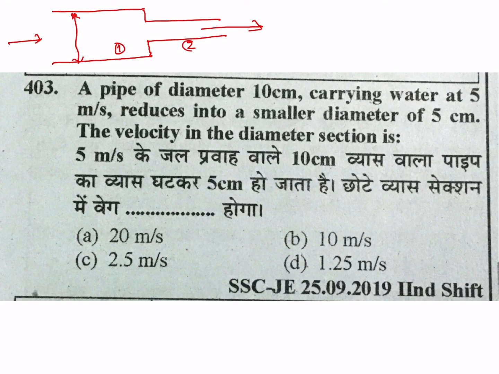This is section 1, this one section 2. In section 1, diameter d1 equal to 10 centimeter, then velocity v1 equal to 5 meter per second, reduces into a smaller diameter d2 equal to 5 centimeter.